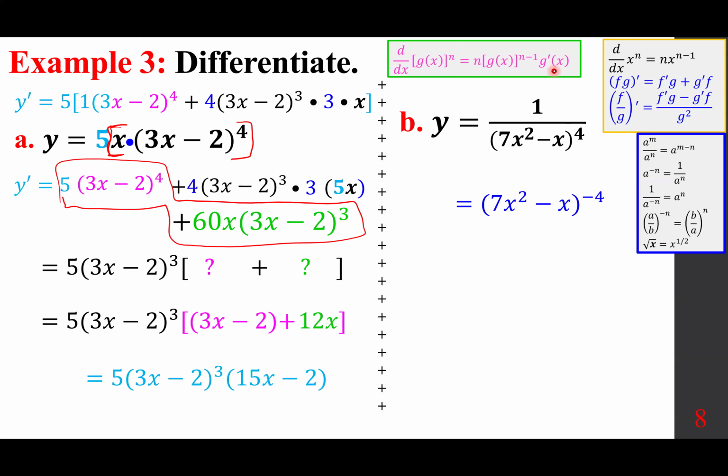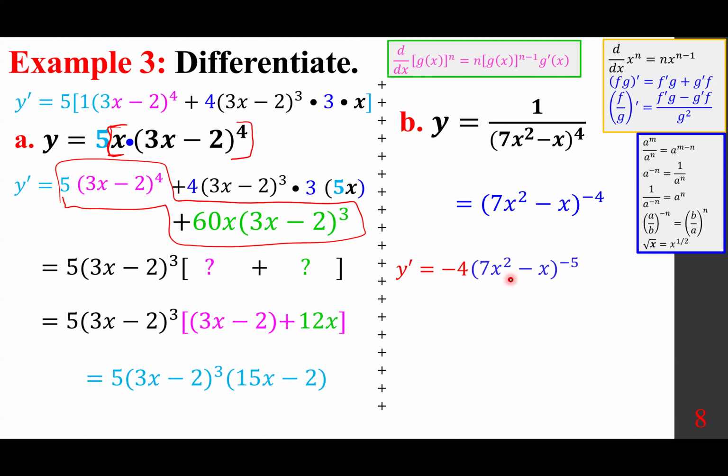So if that's the case, y prime is -4. I'm looking at this one, -4. Then I have the function to the power of n minus 1. So this parenthesis to the power of -4 minus 1, which makes it -5. And then finally, g prime is the derivative of the inside.